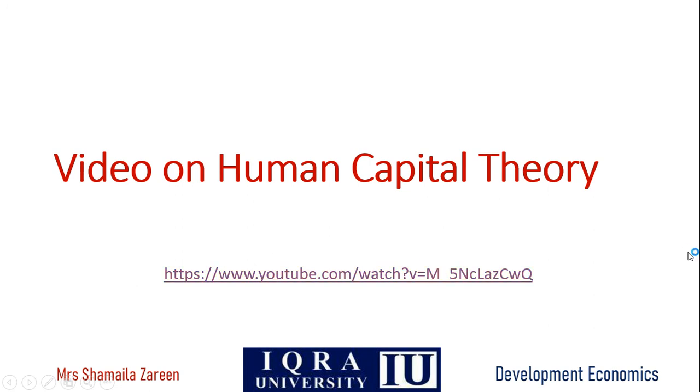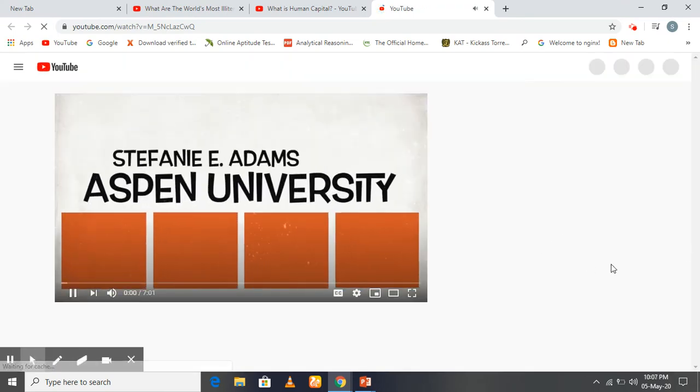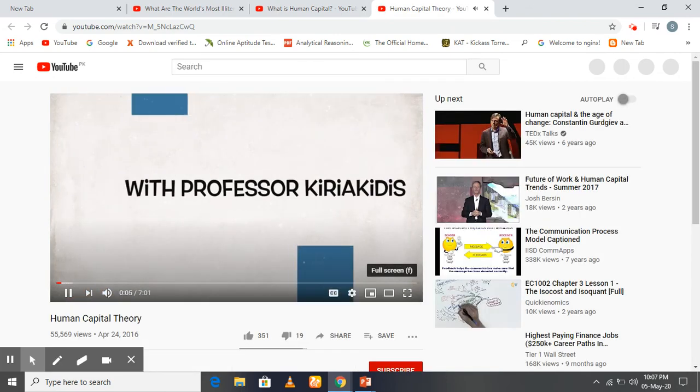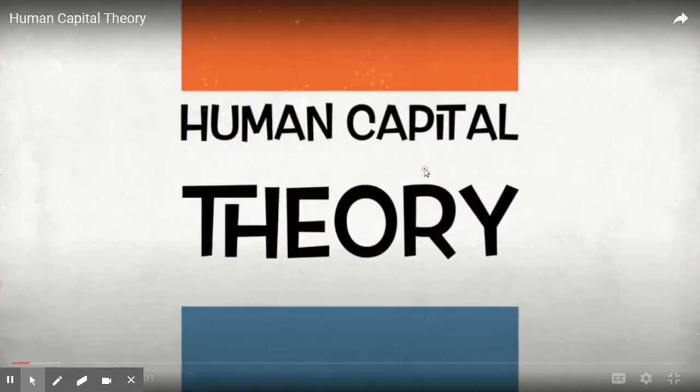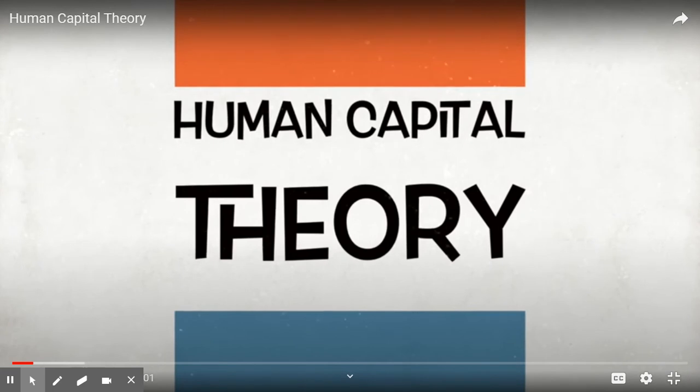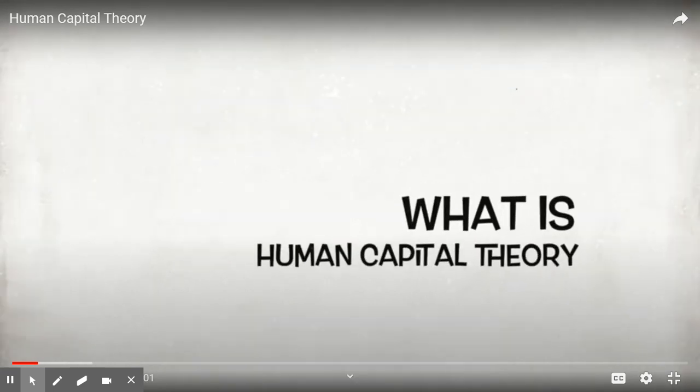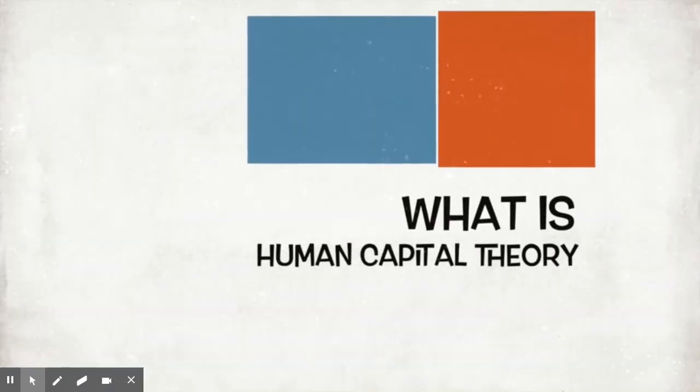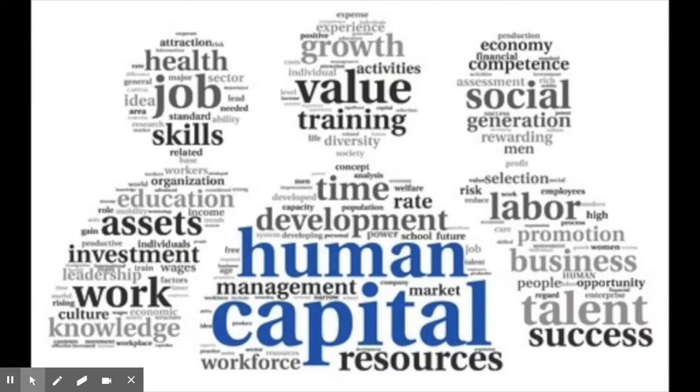So, here is a look at human capital theory. Human capital theory has become a major theoretical construct for understanding a country or community's profound socio-economic changes and for strategizing how to spur creation of wealth.